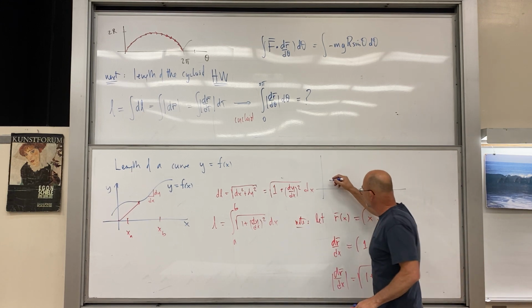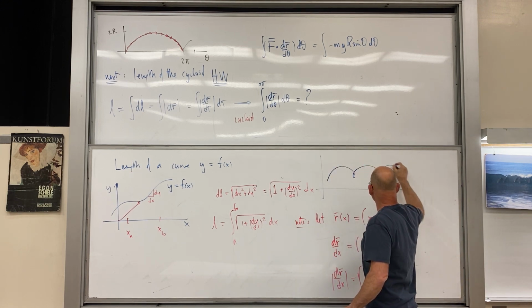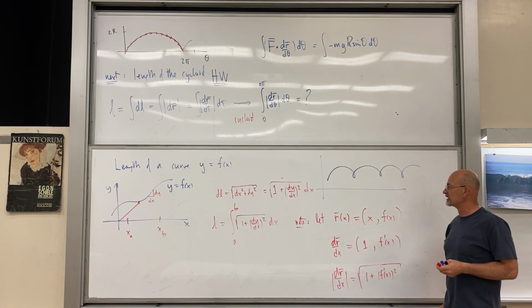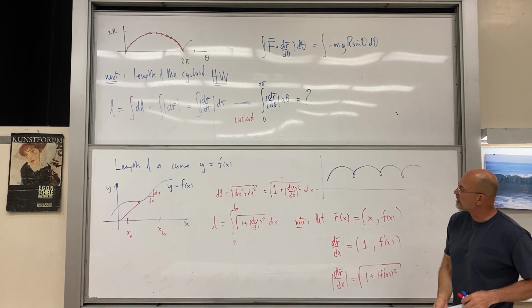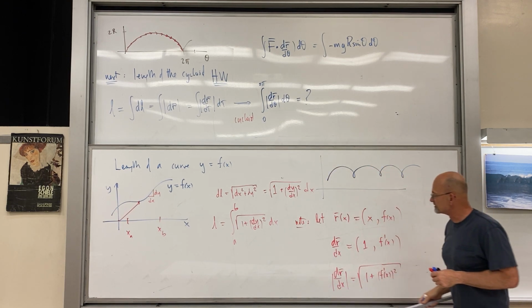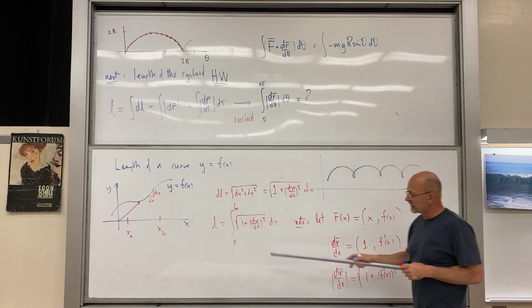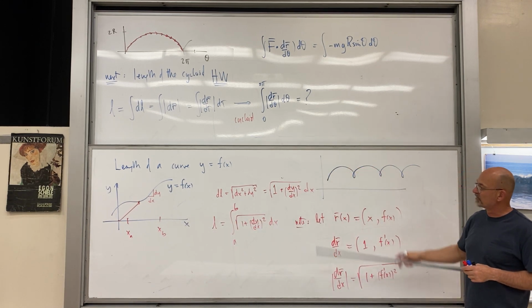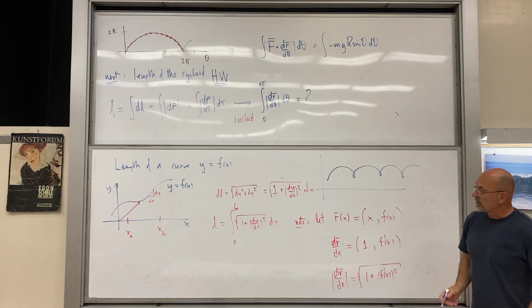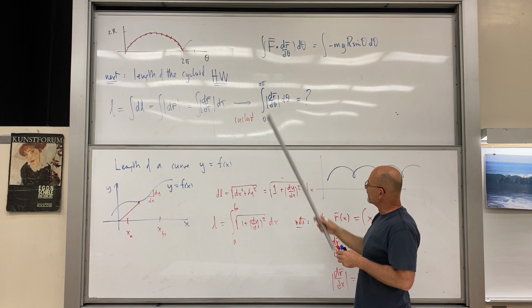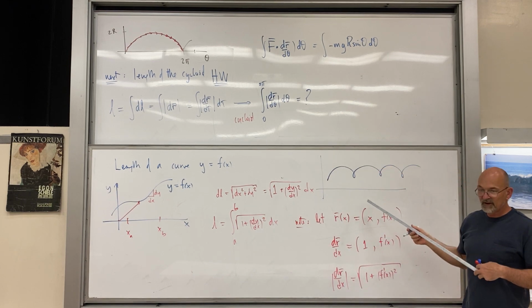You could have a parameterization that gives you something like this. You can no longer express that as y equals f of x, right? So parameterization is a more general way of describing curves than just the functional form, but they both give you the same thing. Okay, good. So we have that interesting little problem as homework, the length of the cycloid, to give you a chance to review these things.